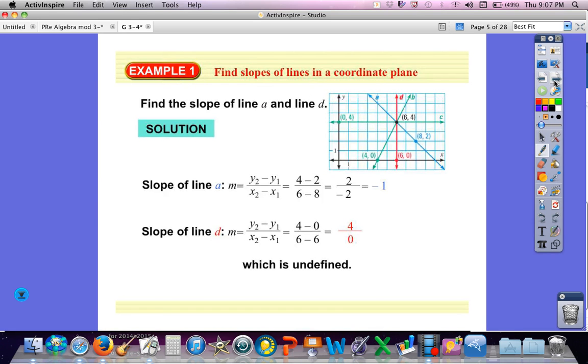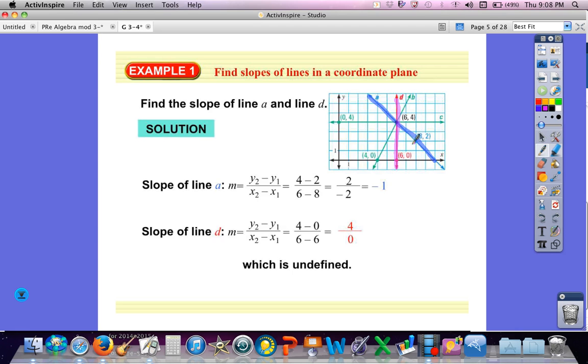So problem number 1, they asked you to find the slope of line A. I'm having a hard time seeing line A. Okay, so this is line A. And they also want us to find the slope of line D. So A should have a negative slope, and they go ahead and find two points on this line, it looks like they use 6 and 4 and 8 and 2.